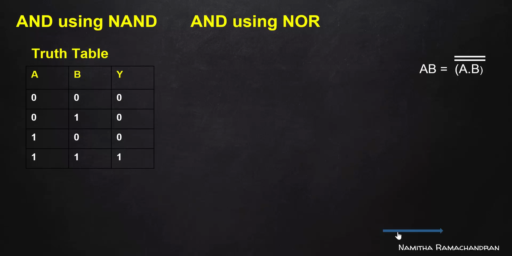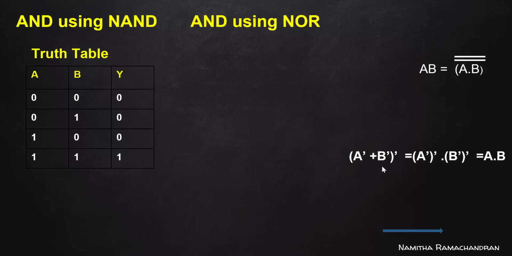So consider the other implementation, that is NOR implementation for AND. How is it possible? Apply A input to both inputs of one NOR gate and generate the complement. That means take a NOR gate and generate the complement of A input.